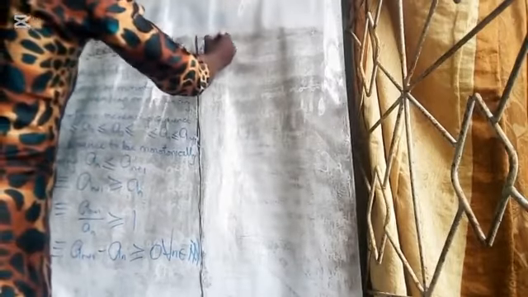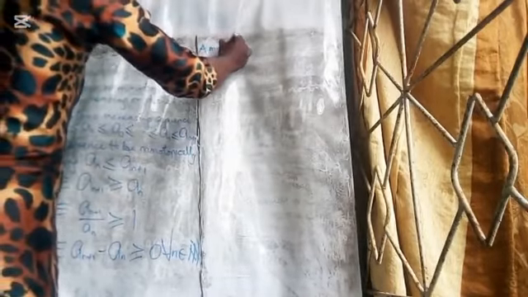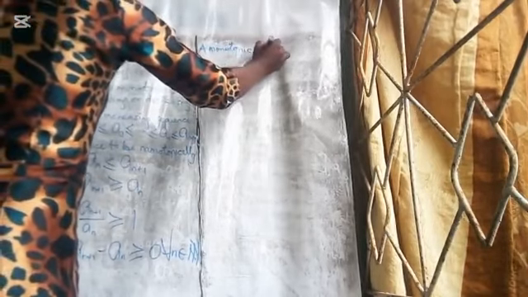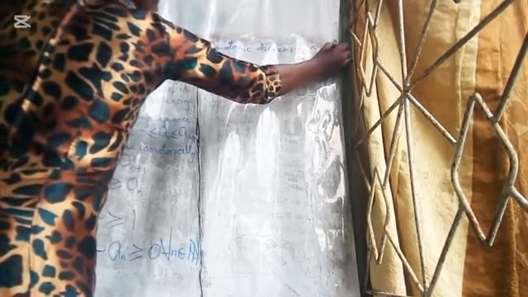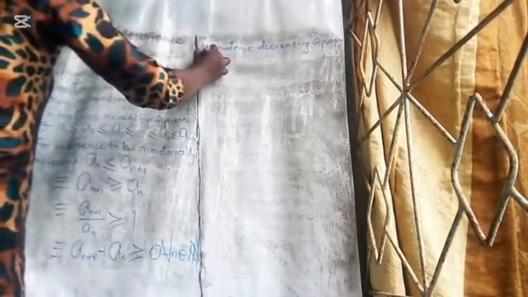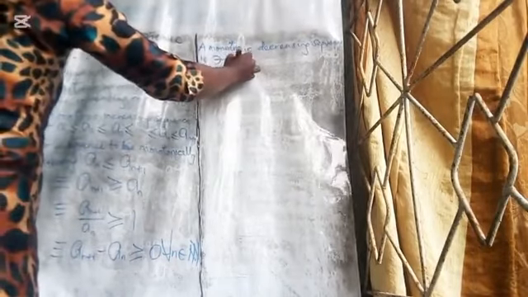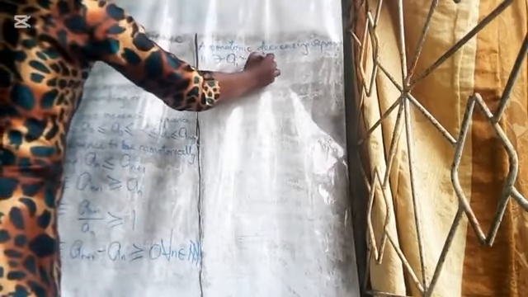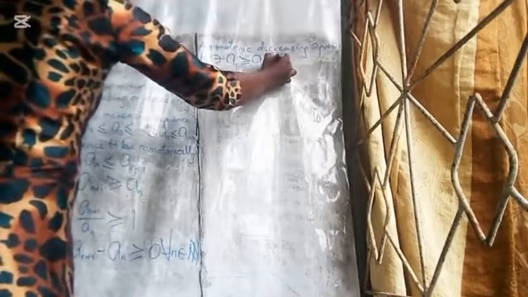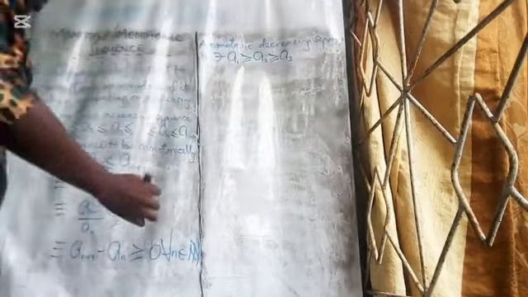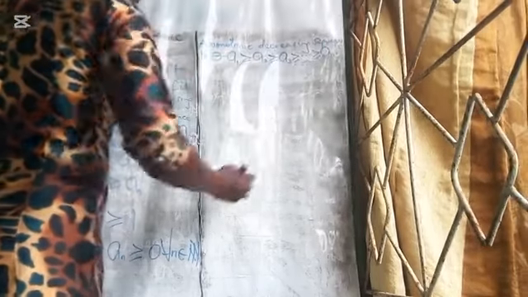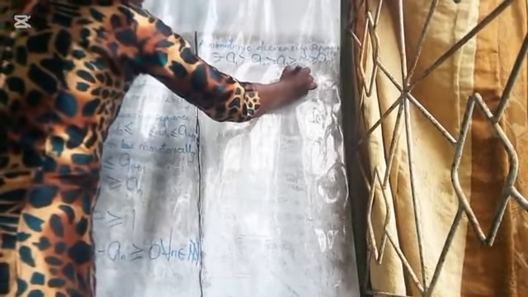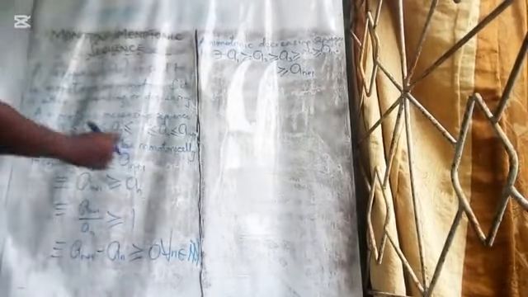Also, a monotonic decreasing sequence is such that, since it is decreasing, the first term a1 will be greater than or equal to the second term a2, which will be greater than or equal to the third term a3, and this will be greater than down to greater than or equal to a sub n, which will also be greater than or equal to a sub n plus 1.